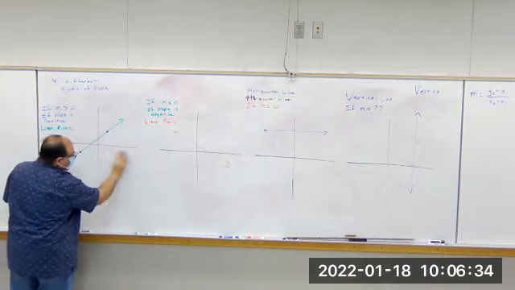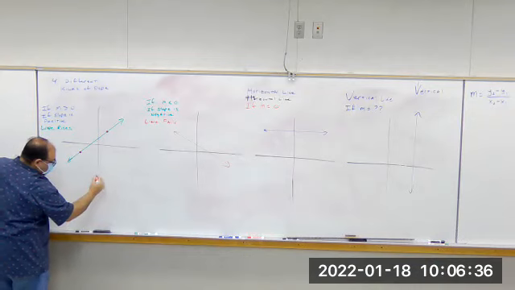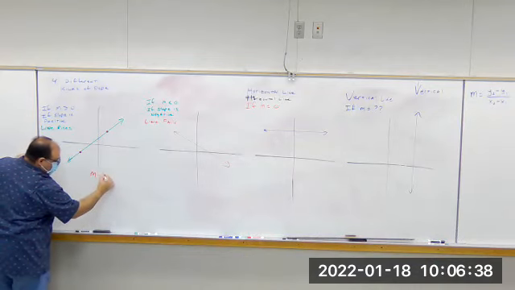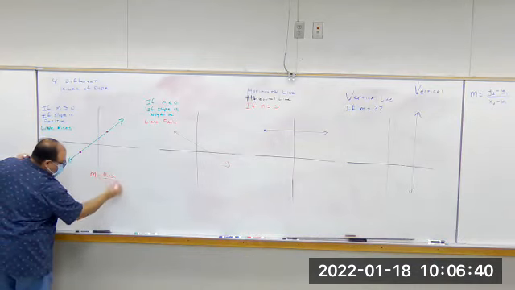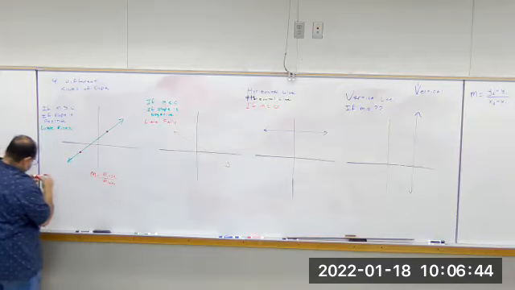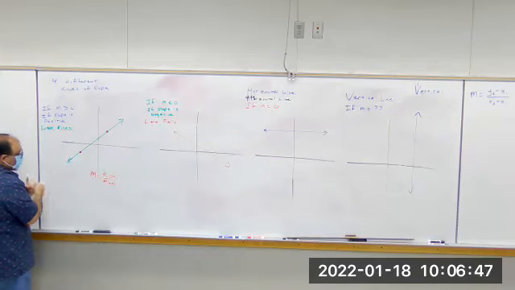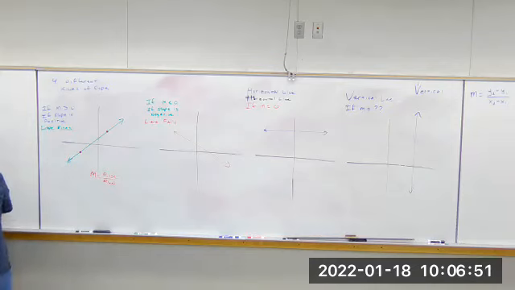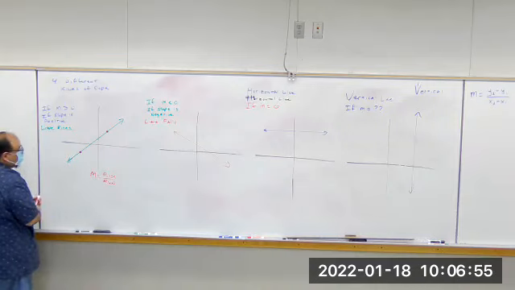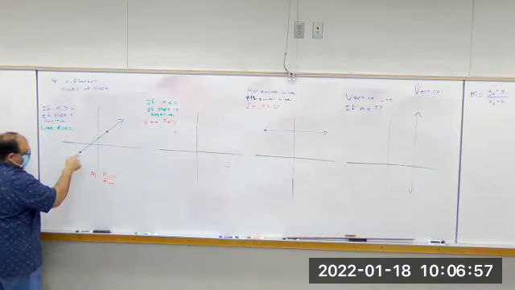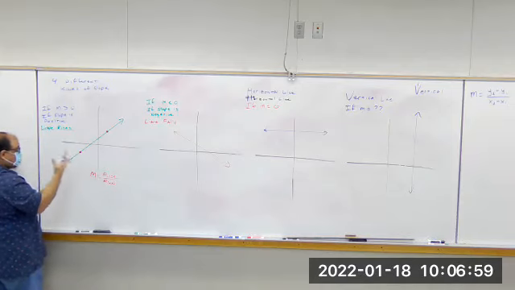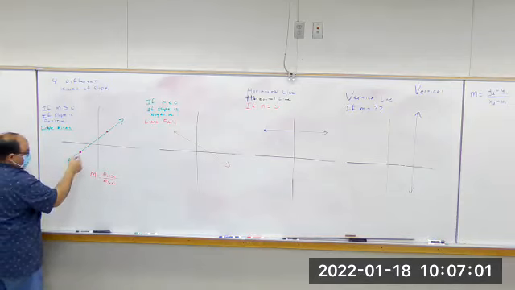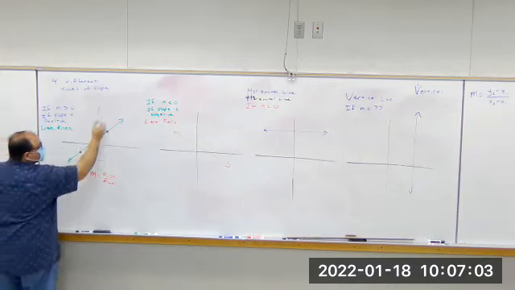If I just calculate this slope using rise over run, not with numbers, but just rise over run, the difference in y divided by the difference in x. So if I go from left to right, which is usually how you should go, and we do the rise.